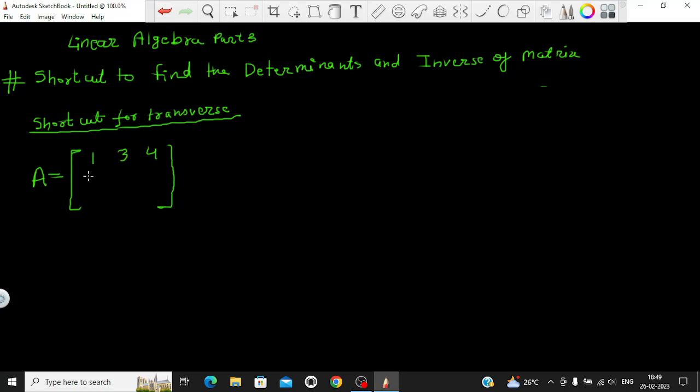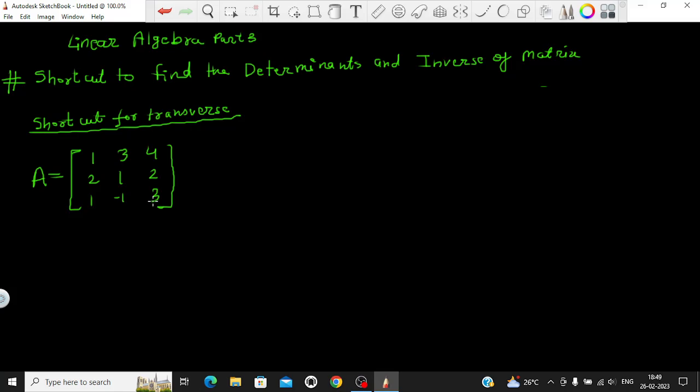It is a 3 cross 3 matrix, means 3 rows and 3 columns. Okay, this is the matrix. Now we will apply one shortcut method to get the inverse of A.